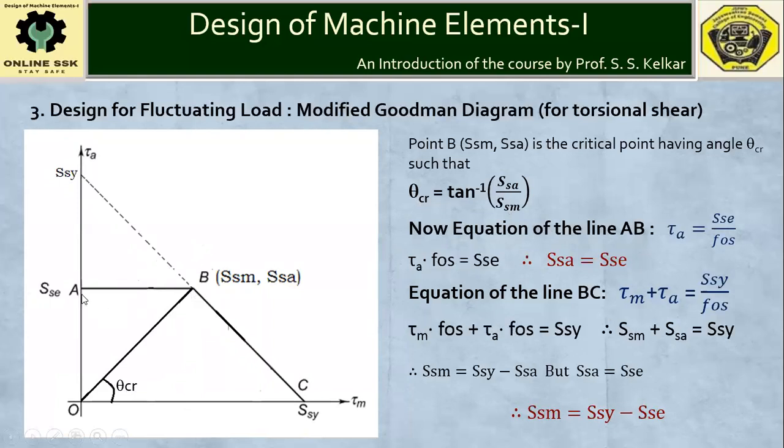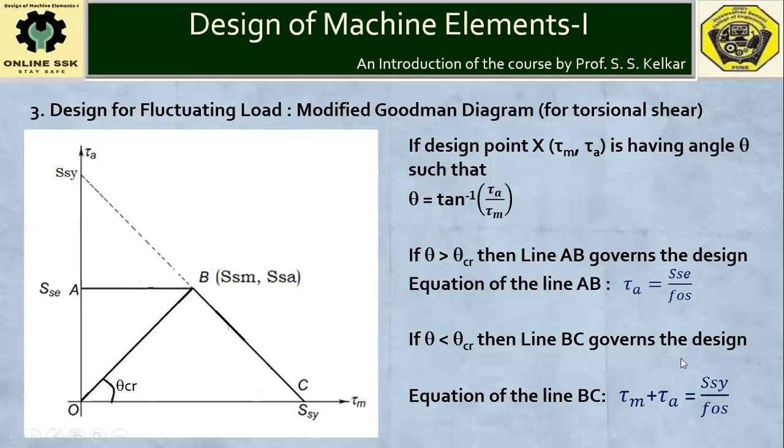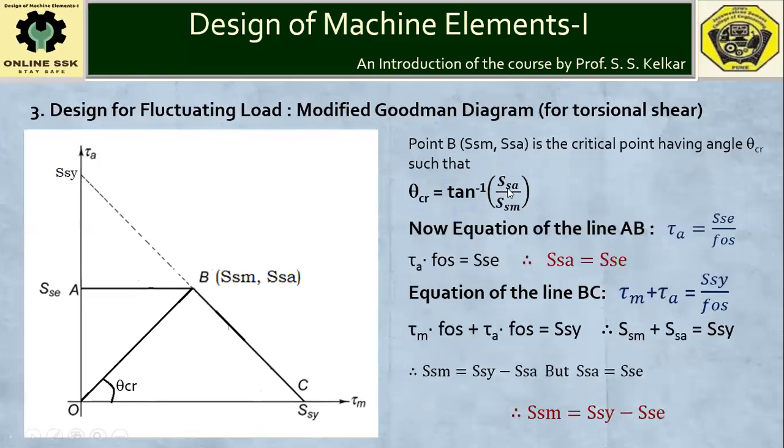Now from the equation of line AB, SSA is equal to SSE. So here, while calculating theta critical, tan inverse of SSA upon SSM, from line AB we can note SSA is equal to SSE.